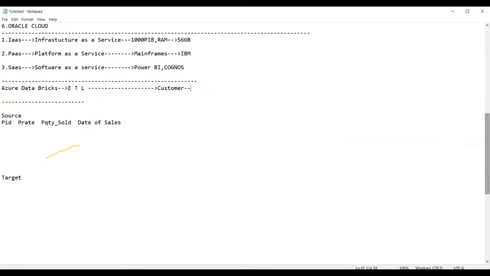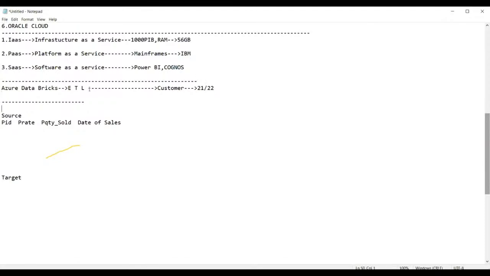This customer wanted to know the change in sales, or what is the sales difference between the 21st of this month and the 22nd of this month, whether the sales have increased between these two dates or not. He wanted to know that first of all.